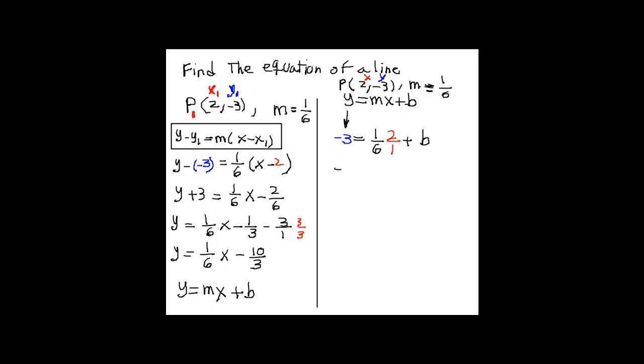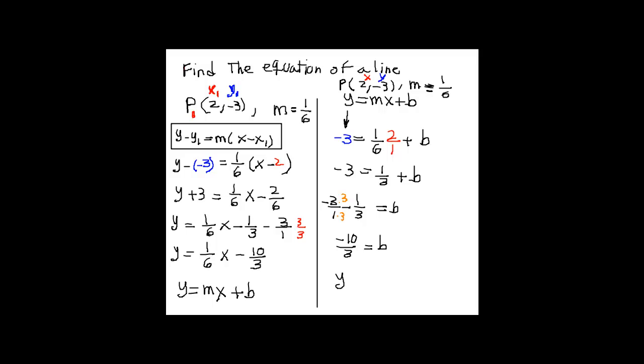This becomes -3 is equal to 2/6, which is equal to 1/3, plus b. So in this case, b would be equal to -3/1 minus 1/3. If I use the LCD being 3, multiply this by 3/3, so you get the same exact answer. Here you get -9 minus 1, which would be -10/3. And you see how quickly I can solve for b that way.